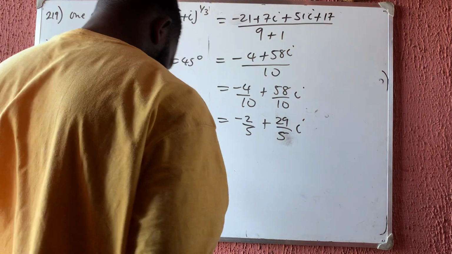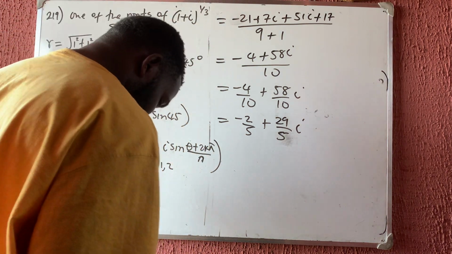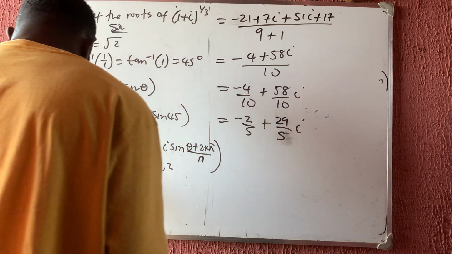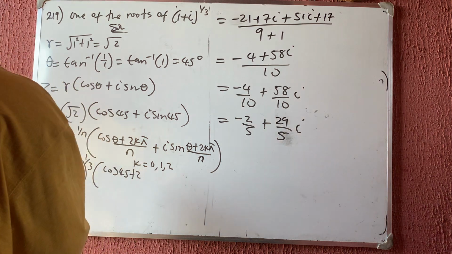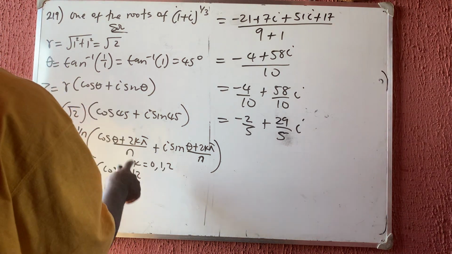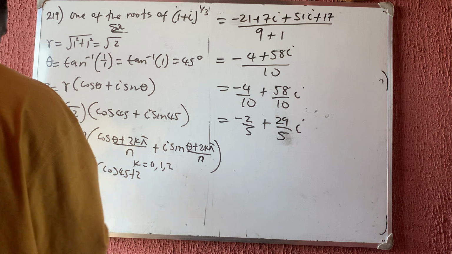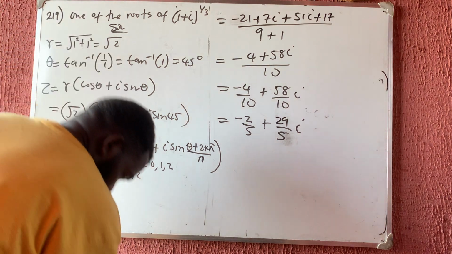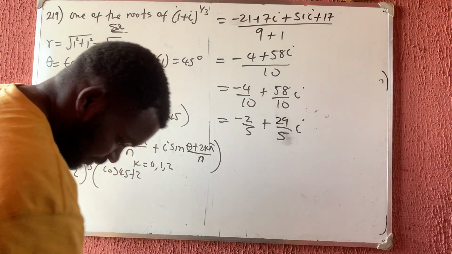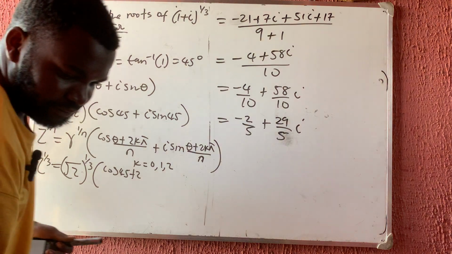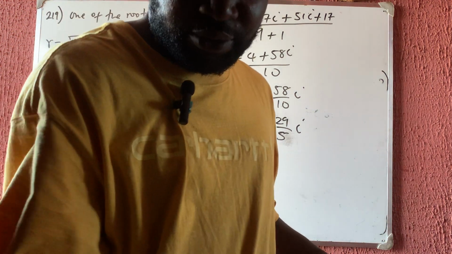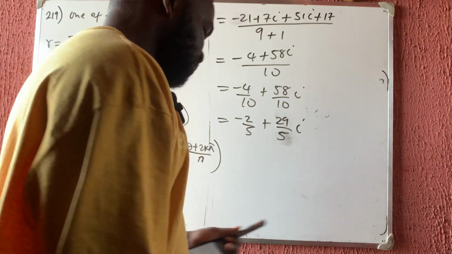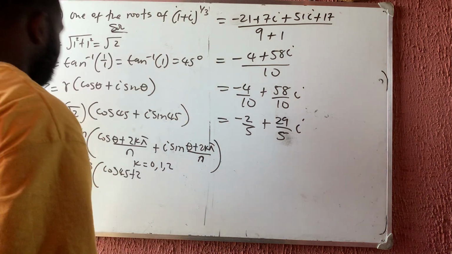So one of the roots of this becomes, they say just 1, so let me say the one that has 0. Sorry about that.